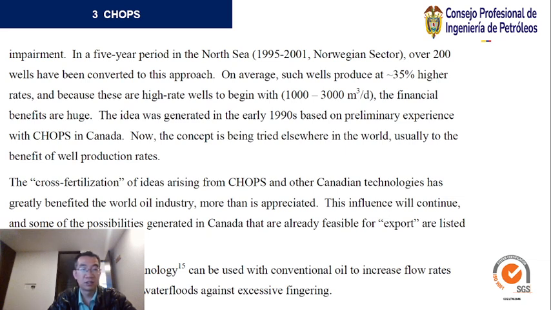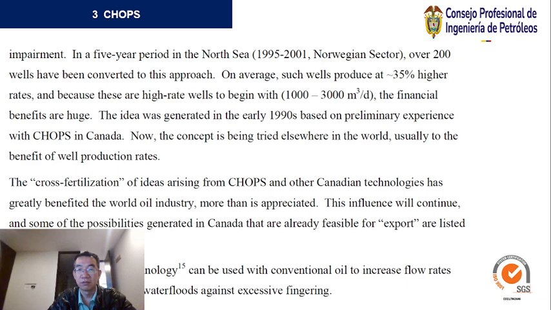The cross fertilization of ideas arising from CHOPS and other Canadian techniques has great benefits in the world oil industry, more than is appreciated.